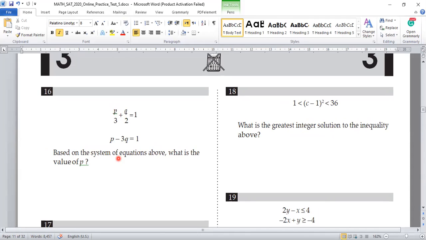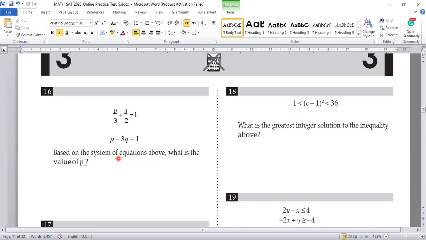When the inequality is a double inequality, you will have to work these two inequalities. First, you must take 1 is less than c minus 1 whole square, and then you must take that 36 is greater than c minus 1 whole square. In parallel, you will have to solve to get the value of c.